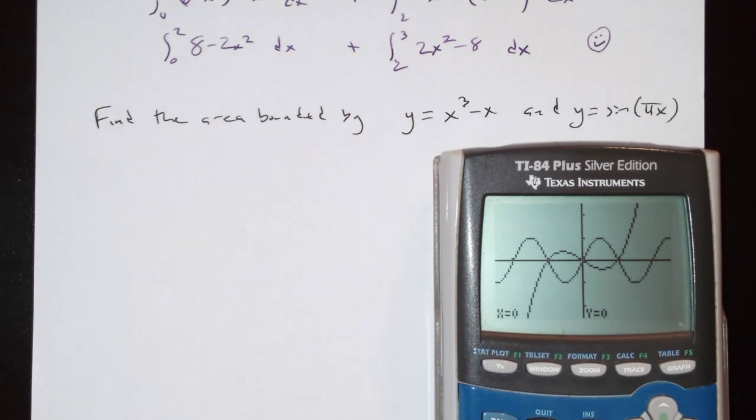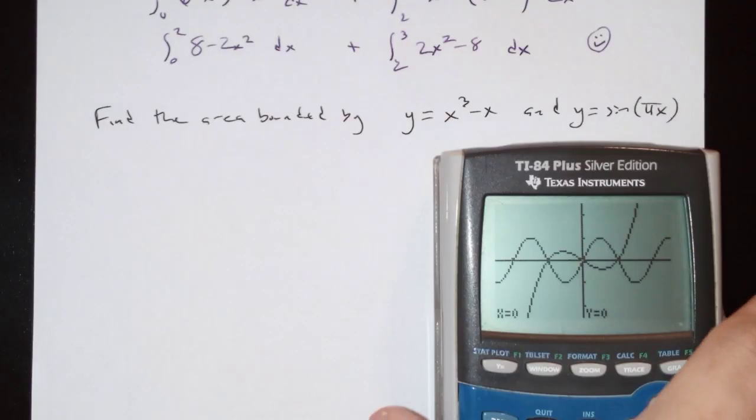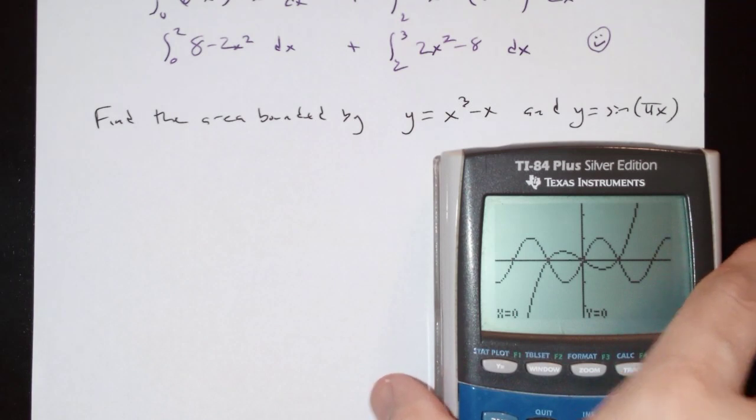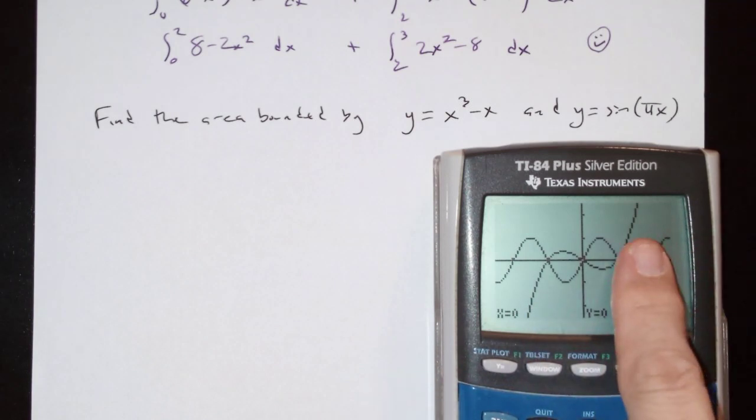What sort of symmetry does this picture show me? Well, if it was reflected across the x-axis, then what would be up here is down here.